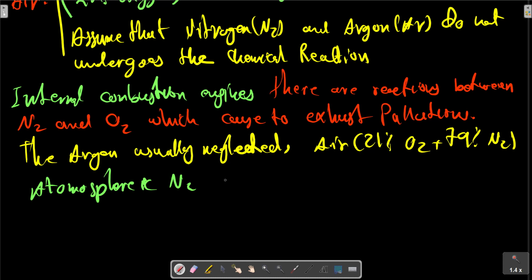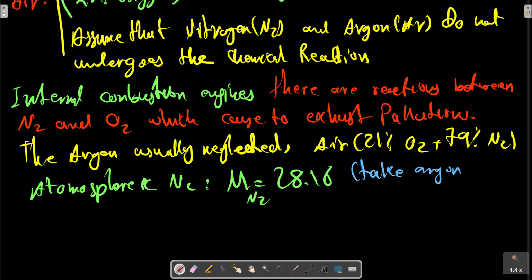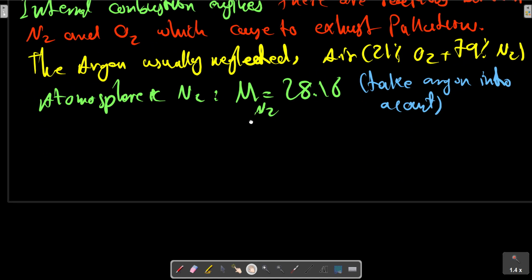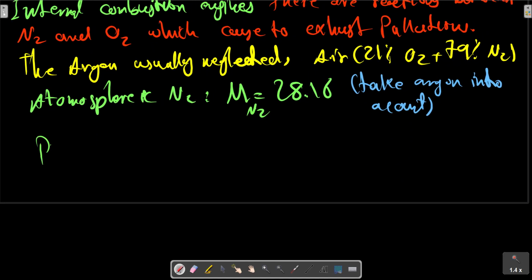Atmospheric nitrogen has a molecular weight that takes the argon into account, compared to that for pure nitrogen.